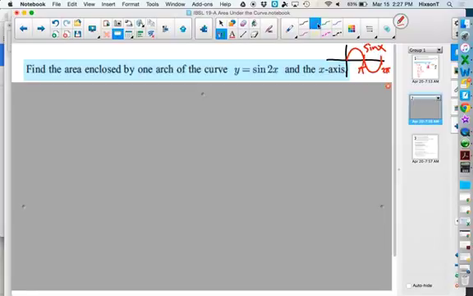Look, we're multiplying the x by something. To stretch it vertically, we would be multiplying the whole function by something. So it is horizontal.